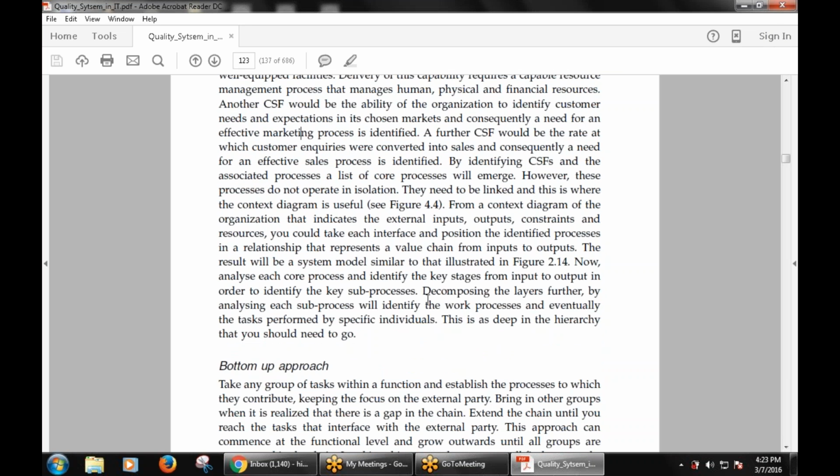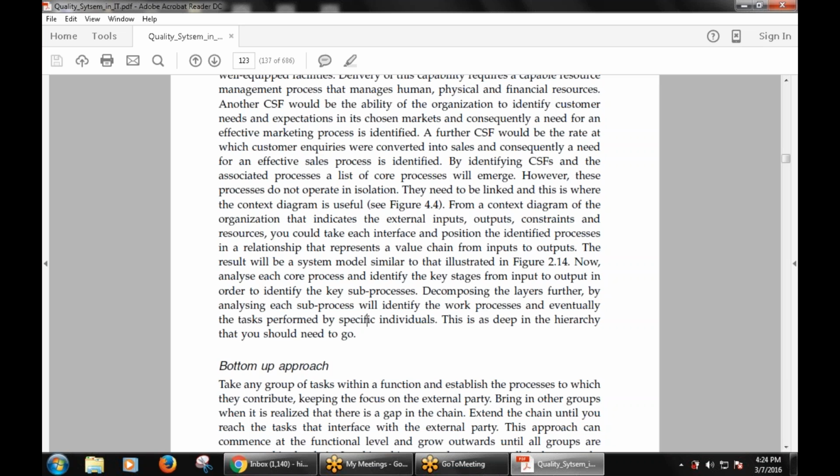Now, that means decomposing the layers further by analyzing each sub-process. As I said, there is a main process that is further divided into sub-processes. So in the top-down approach, moving from the top downwards, there are sub-processes, and further sub-processes, used for identifying the work processes and eventually the tasks performed by specific individuals.